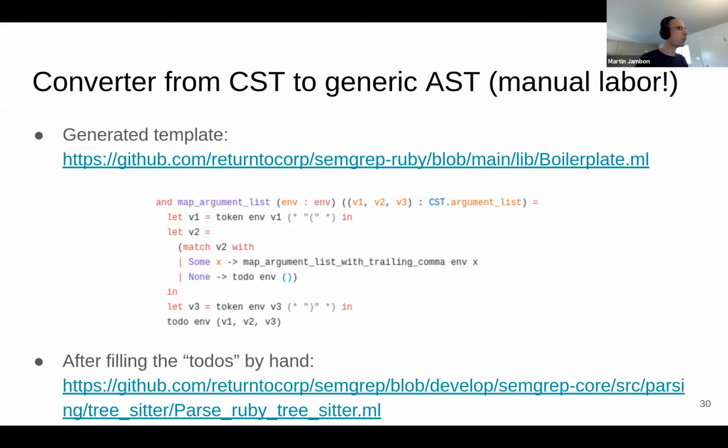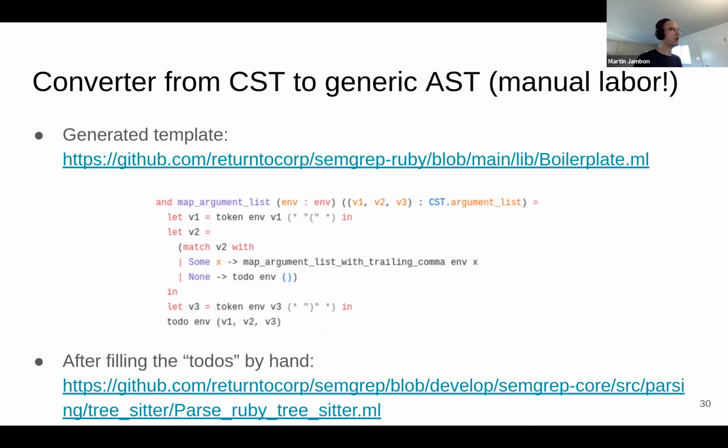So what we could generate is this boilerplate with to-dos. So we have a to-do here, to-do there, and that will have to be replaced by constructs of the generic AST. So that's the labor-intensive part. And so by generating this file already automatically, we get half of the work done roughly.